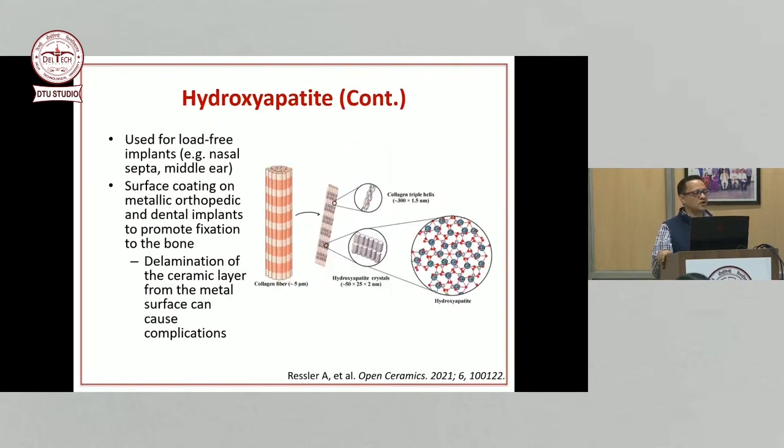It's mostly used for load-free implants, and sometimes the coatings of implants can be made up of hydroxyapatite because it can help in fixation of the bone. But a lot of times, if you want to coat one type of material on a different type of material, the coating is not very strong, and if delamination of the coating happens, that can be very bad for the implant.